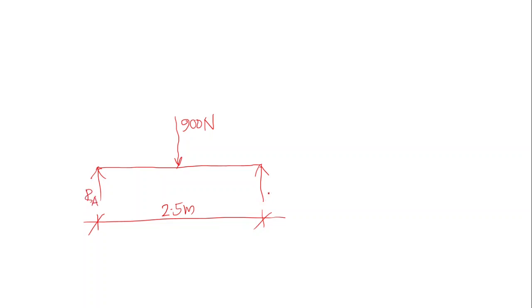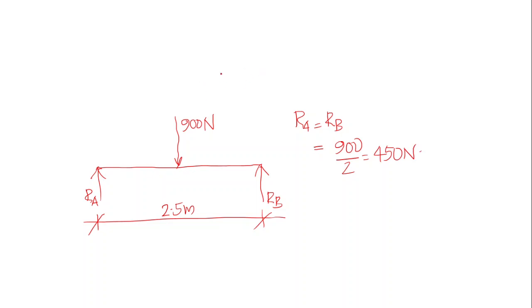We have a simply supported beam like this, and these are the support reactions, and 900 Newton acting at the middle of the span, and the total span length is equal to 2.5 meter. By symmetry we can say that Ra is equal to Rb, that's equal to 900 divided by 2, that's equal to 450 Newton.